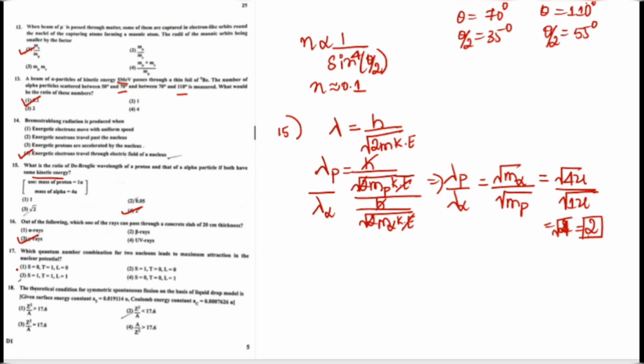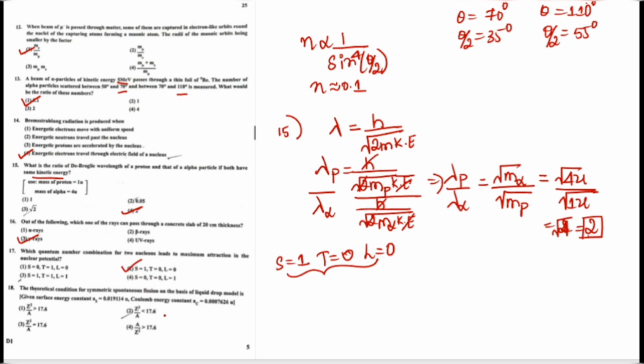For this, S represents the spin, T represents the isospin, or you can call the isospin representation by I. L is the angular quantum number. Okay, so S equal to 1, T equal to 0, and L equal to 0. If these three are obeyed, then I can say this quantum number combination leads to the maximum attraction in the nuclear potential. So option 2 is the right answer.